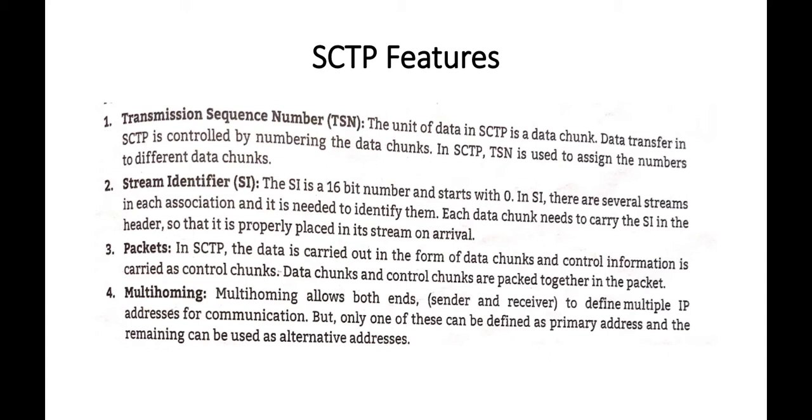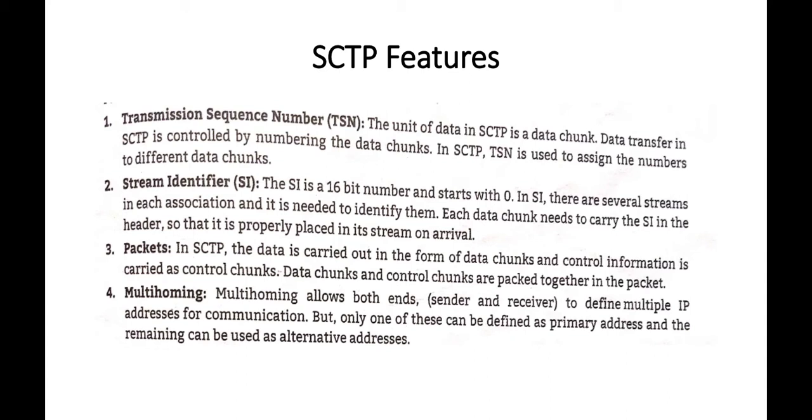Data transfer in SCTP is controlled by numbering the data chunks. In the TCP protocol, each segment that is sent is allocated a sequence number, due to which the receiver can easily identify the segment and reorder or assemble it in the proper order. Here also we use a sequence number, the transmission sequence number. Whatever data chunk we send, we allocate a sequence number.